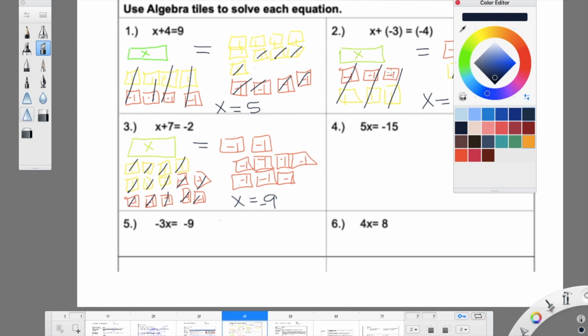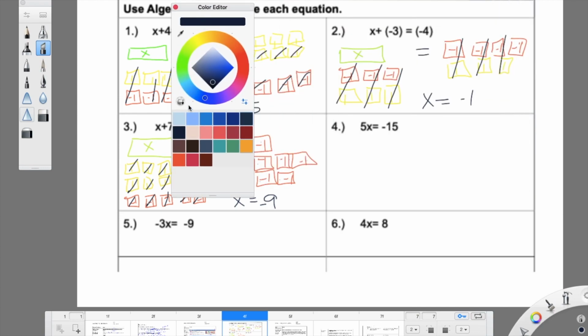All right, let's go ahead and scooch over here. So let's see. Let's try to get a bright green again here. Nope, still kind of a pale green. So this says 5x. So this means I have 5 x's. Okay? So it means I have, and I'm not doing these the same size.